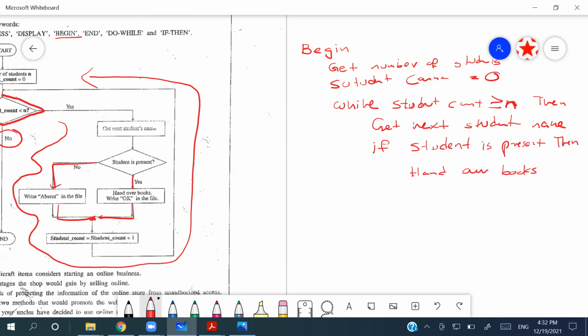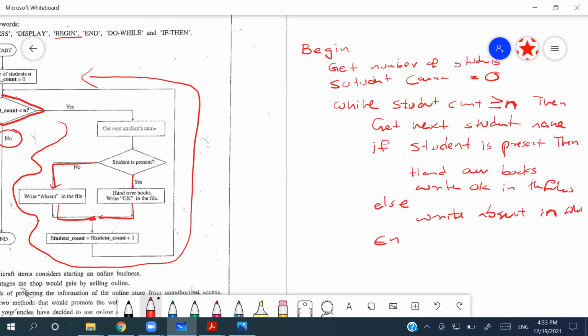There are two things. Write okay in the files. Else write absent in files.